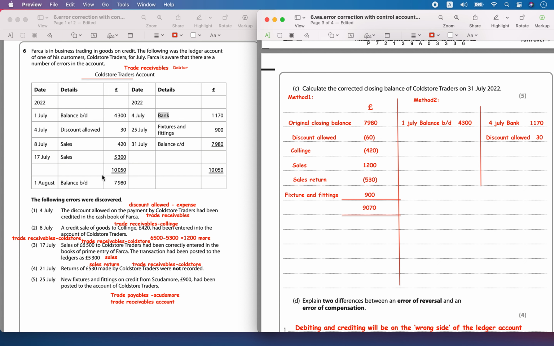Let's write the correct values. Then we see that there was a sales. The sales value was 6,500, on 17th July. Then there was a sales return of 530.